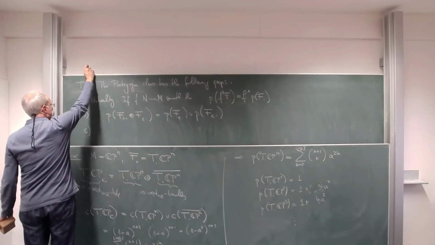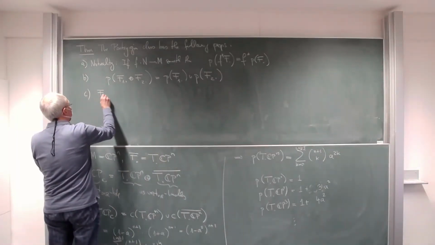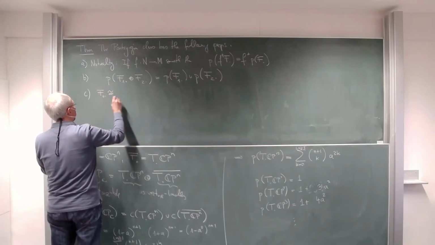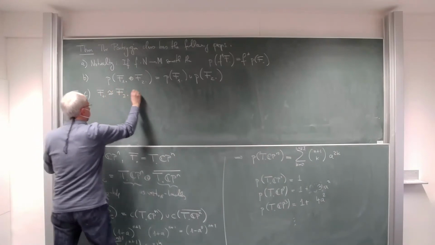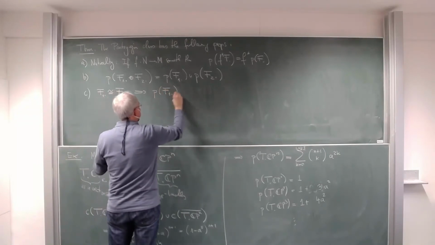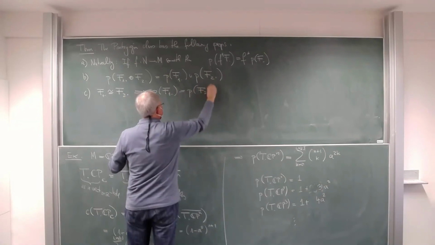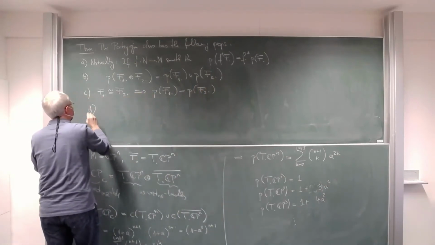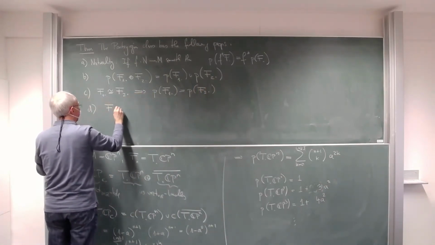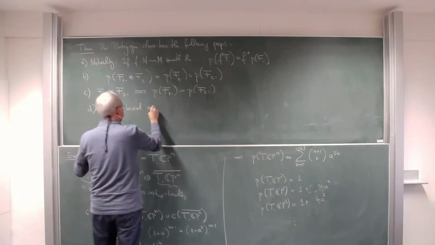Thirdly, if E1 is isomorphic as a real bundle to E2, then the Pontryagin classes coincide. And lastly, if E is trivial, then the Pontryagin class is also trivial.